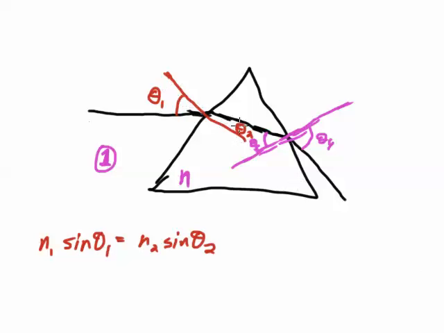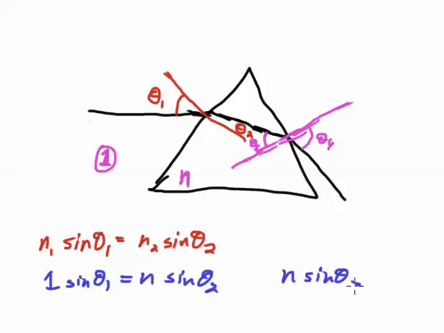But then on this angle here, we'll figure out theta 2, because it'll be 1 times sine theta 1 equals n times sine theta 2, and then on this part we'll have n times sine theta 3 equals 1 times sine theta 4.